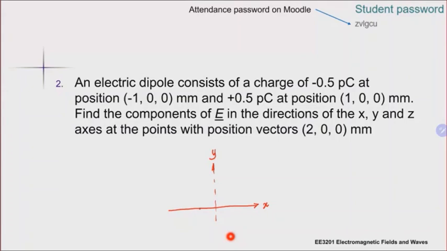I have one charge here at minus 1, and one at 1, then 2. We have to work out the electric field at this point here.